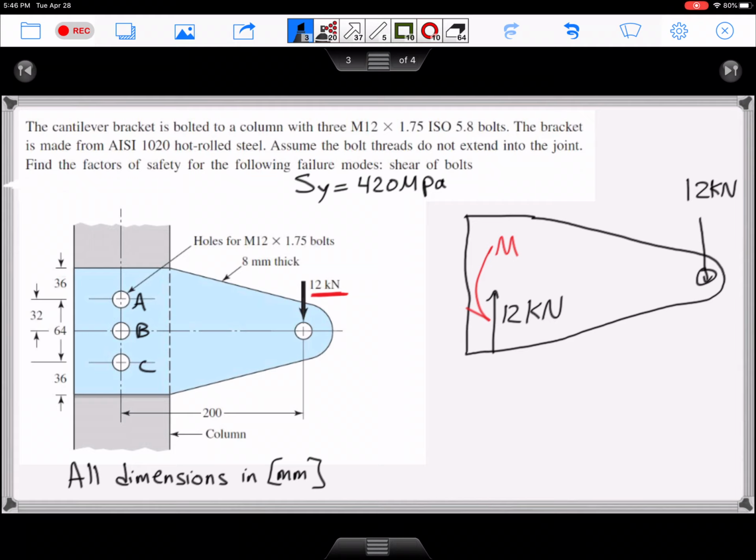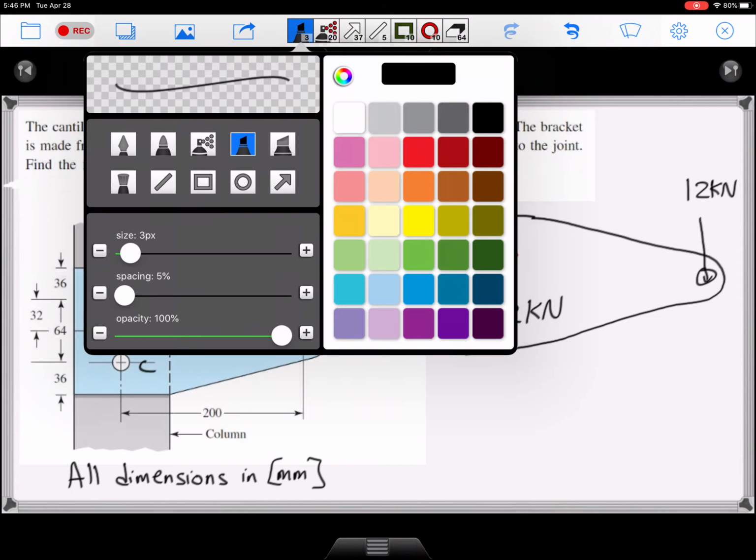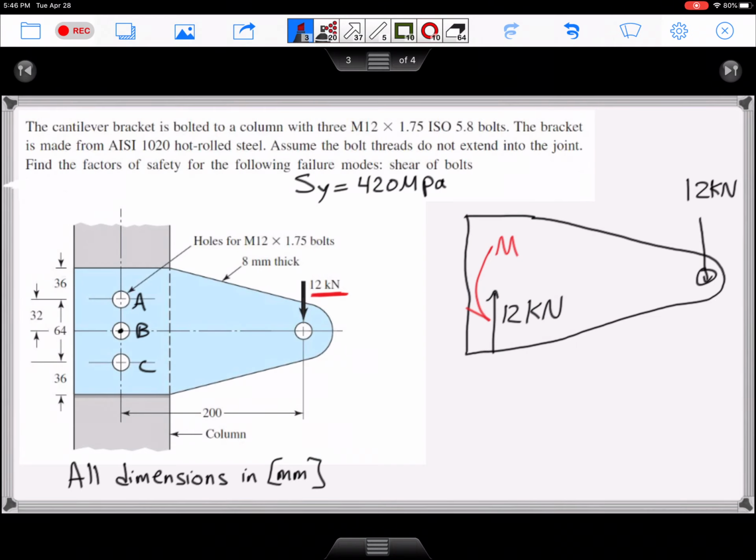The centroid is right in the middle of bolt B. So let me use a different color, and it goes all the way to the load. This distance, according to the problem, is 200 millimeters. Remember, all dimensions in this problem are in millimeters.